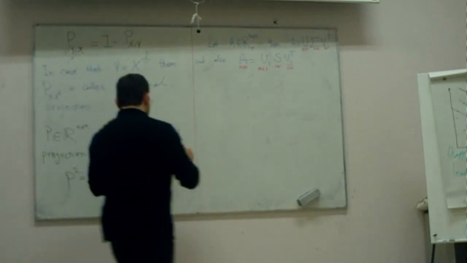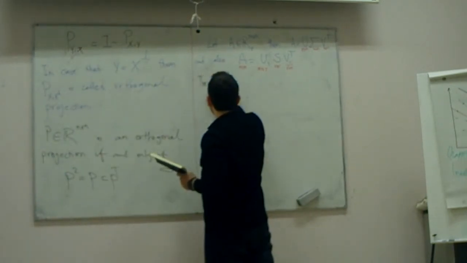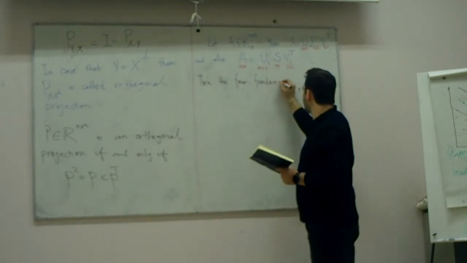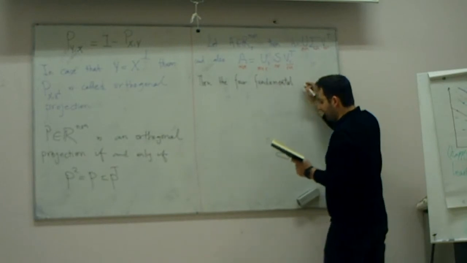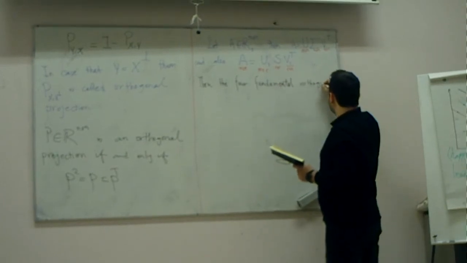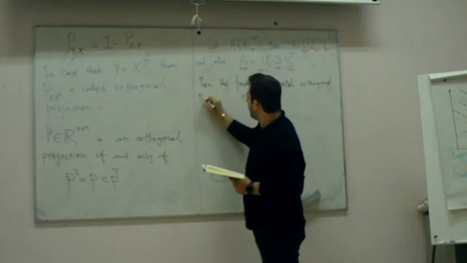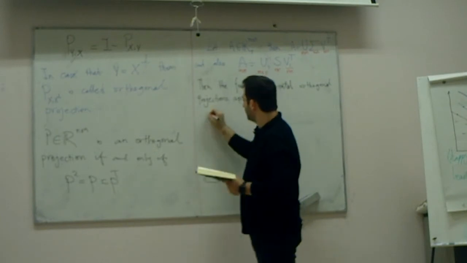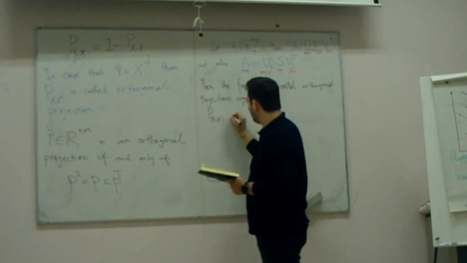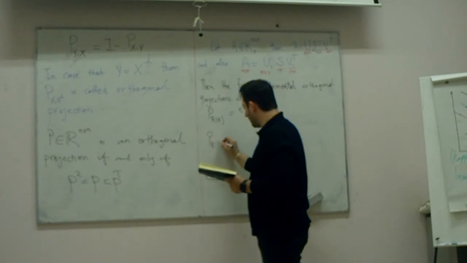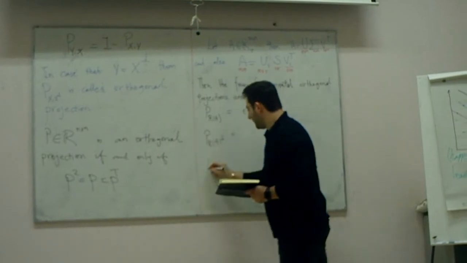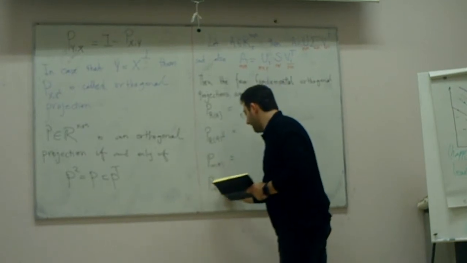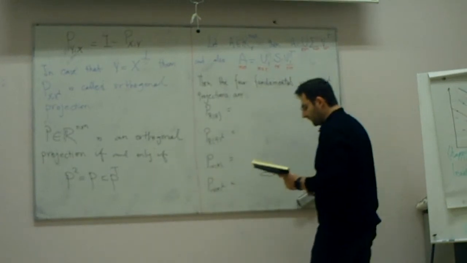So if we have this, then the four fundamental orthogonal projections are P of R(A), P of R(A) orthogonal, P of N(A), P of N(A) orthogonal.